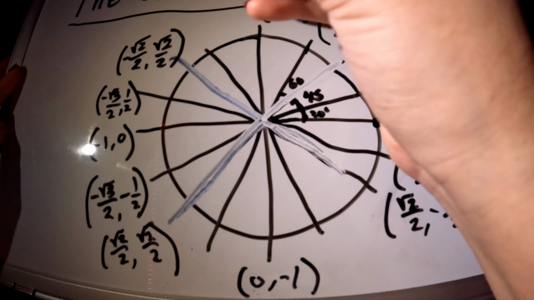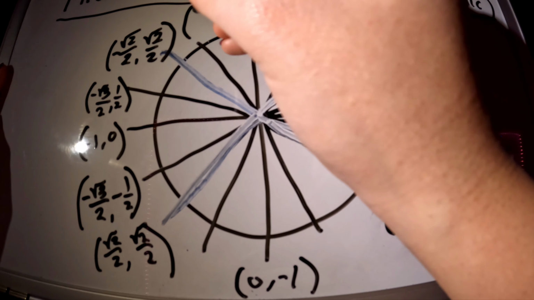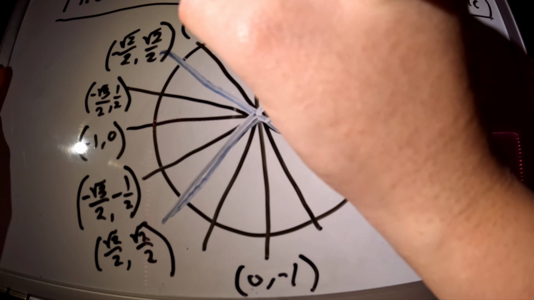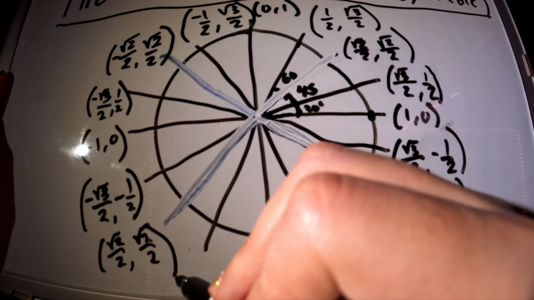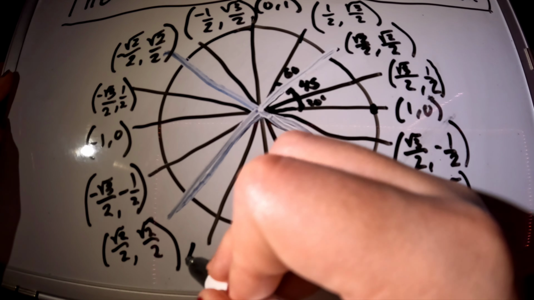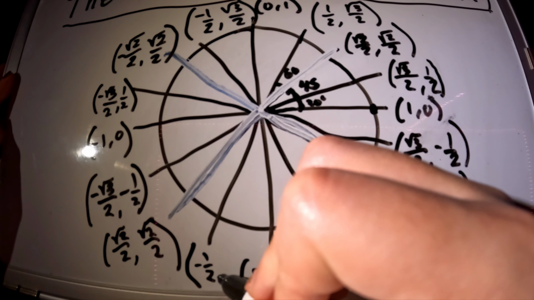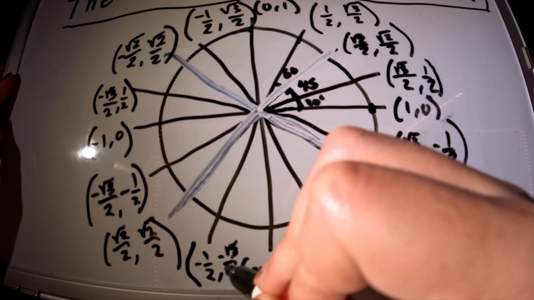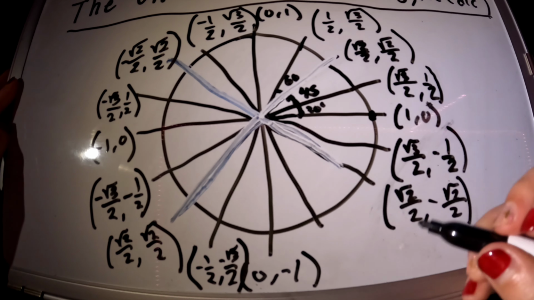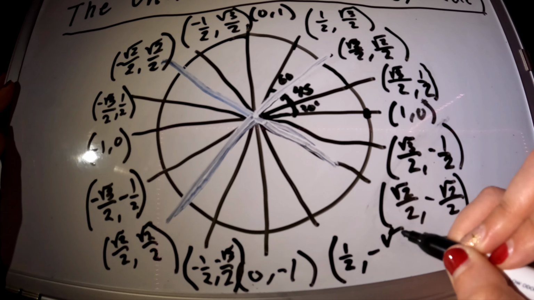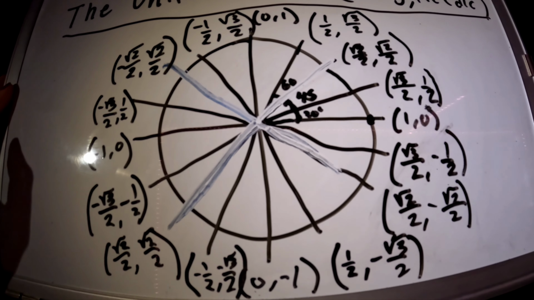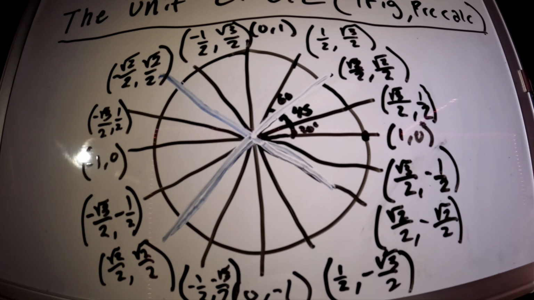So right here it's going to be negative 1/2, comma rad 3 over 2. This side right here is going to be negative 1/2, comma negative rad 3 over 2. This side right here is going to be 1/2, comma negative rad 3 over 2. And that should be it for the unit circle.